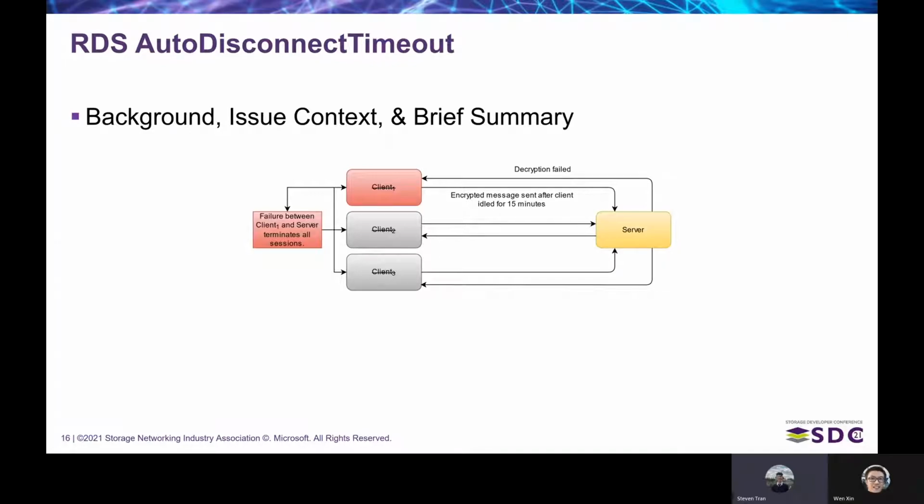And here, let's say the red client on that diagram, at least one user has a mapped drive to the server without any open files for the past 15 minutes, which is the Autodisconnect Timeout. So once the user accesses something after idling for those 15 minutes, all of these client sessions get destroyed as an unintended result. So why is this happening?